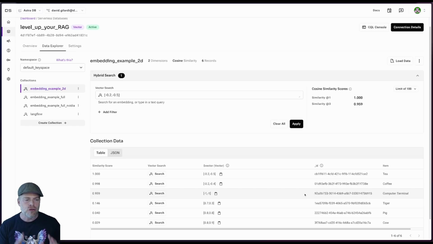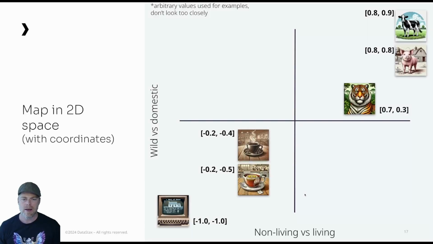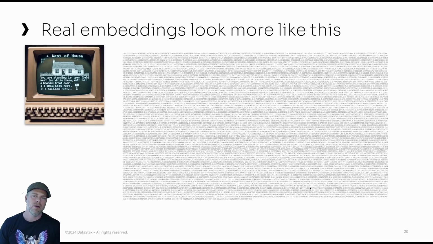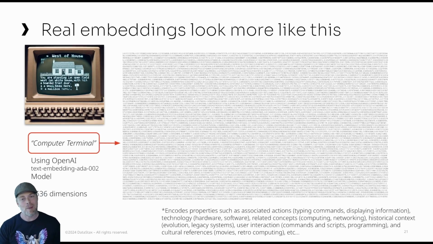Now, this is a super simple example, with only 2 dimensions. Let's take a look at something a little bit more involved. This is an example of what a real embedding looks like, generated from a text embedding model I got from OpenAI, text-embedding-ada-002, on the phrase computer terminal. This is 1,536 dimensions worth of information.